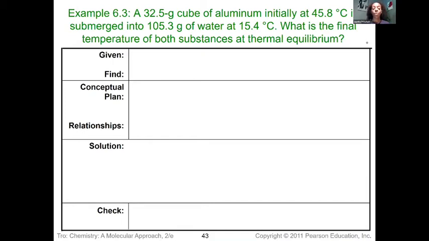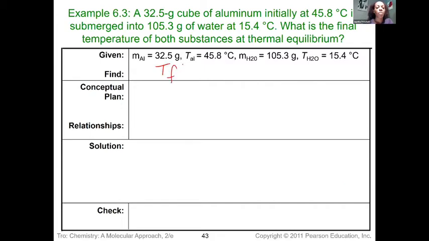Okay, so we're looking for the final temperature. Now, some information that we know: the mass of the hot object is equal to 32.5 grams. The initial temperature of aluminum is 45.8 degrees Celsius. The mass of water is 105.3 grams, and the initial temperature of water is 15.4. We are ultimately trying to find this final temperature, okay?